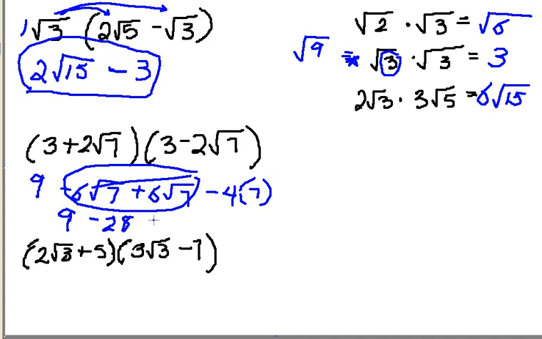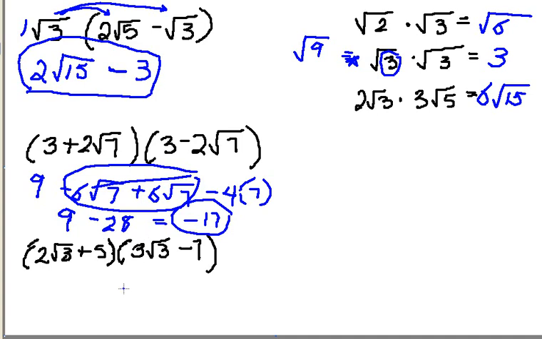So 9 minus 28 is going to give me a negative 17. So that is my answer. So notice on this one, when I multiplied out, the radicals got eliminated, and I ended up with just a nice number, negative 17.